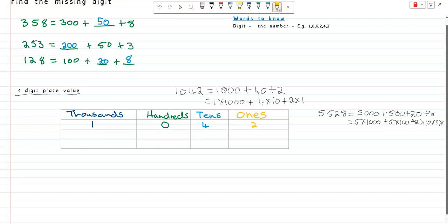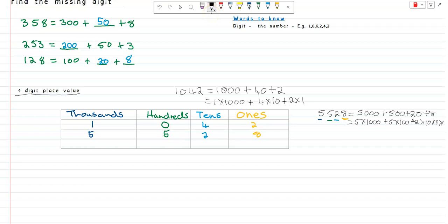We always start with the ones. We have 8 ones, 2 tens, 5 hundreds, and 5 thousands.